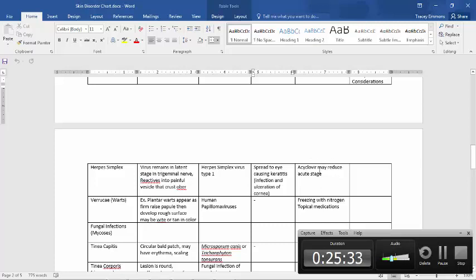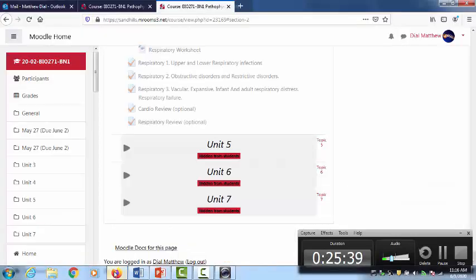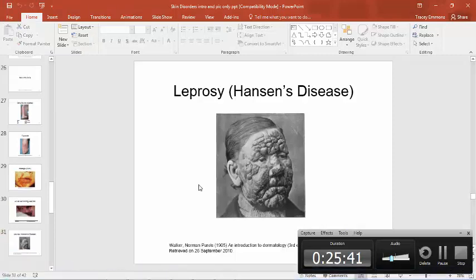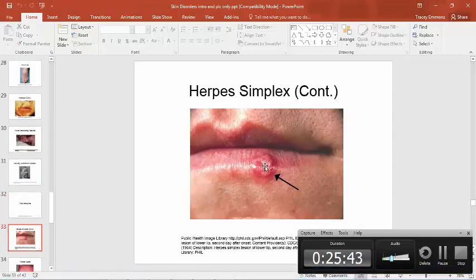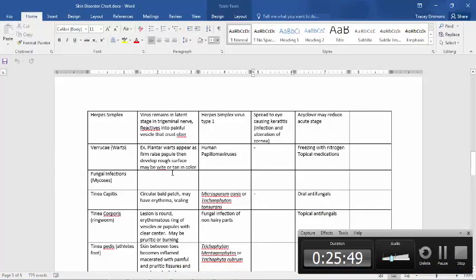And usually if you do it before, when you can feel it start coming up, that's when you should treat. That's the very image. So here we go. We can see our vesicle here, and it will crust over.